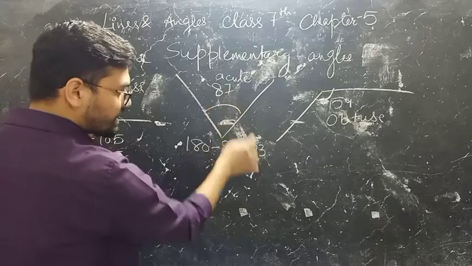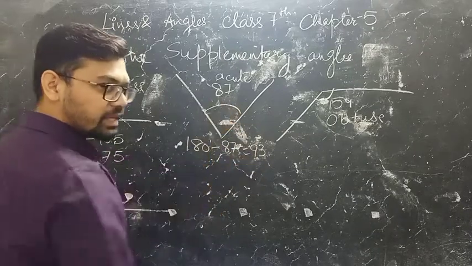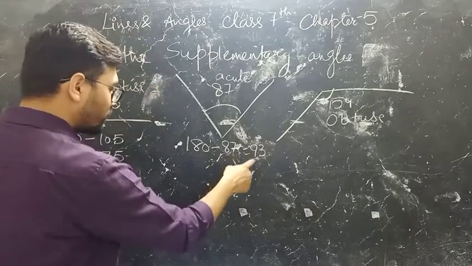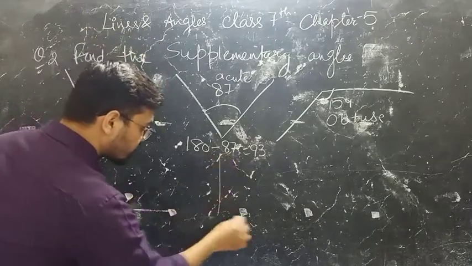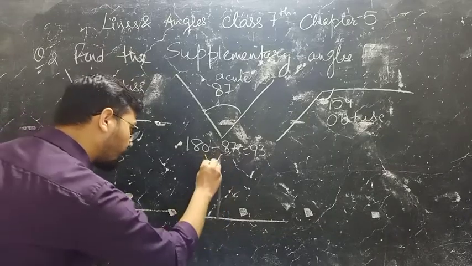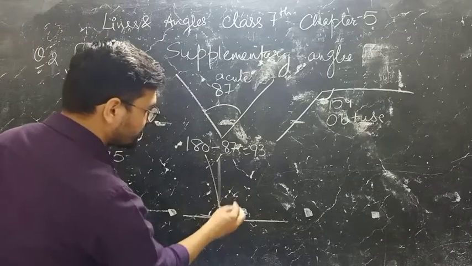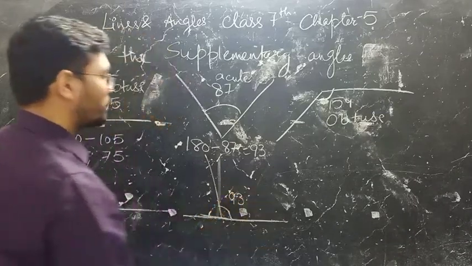If you add 87 with 93, 7 plus 3 is 10, 90 plus 90 is 180. So this angle is 93.